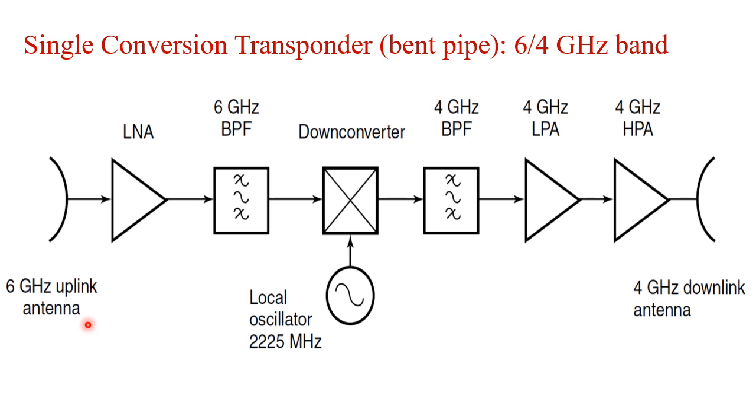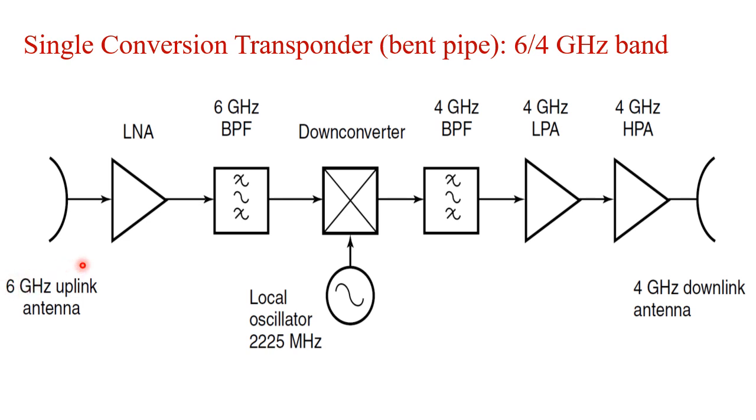Okay. So if we use a higher range of frequency for uplink, the antenna gain of the ground station antenna would be high. For that, a higher frequency is used for uplink, right?